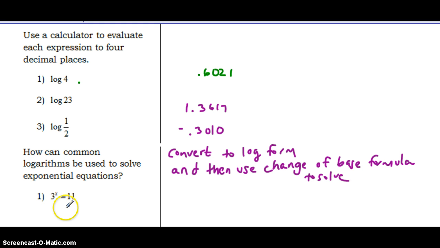So let's first convert to the log form. So log base 3 of 11 is equal to x. And then we're going to use the change of base, so it would be log 11 divided by log 3 to find our x. Go ahead and try that and bring it back.